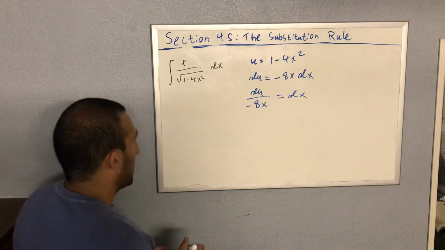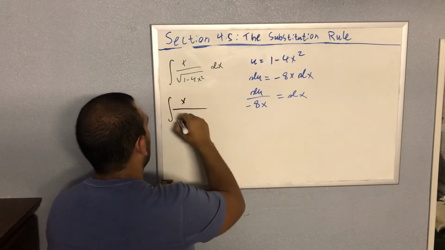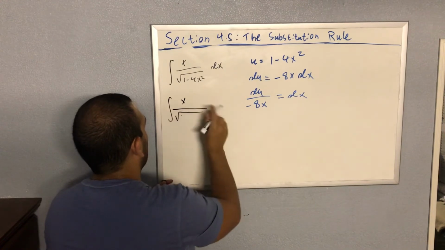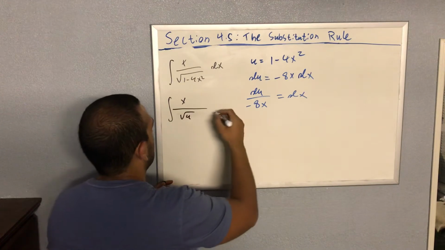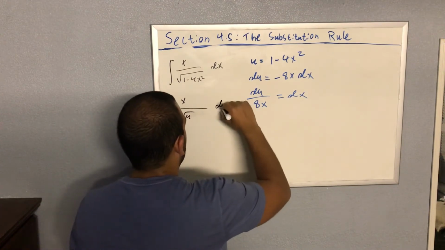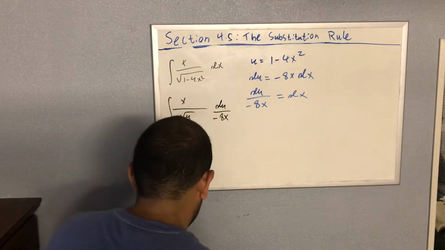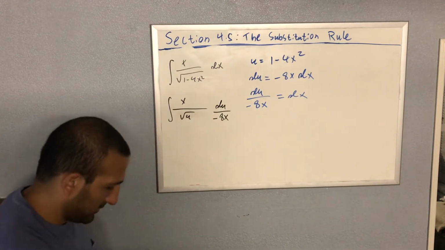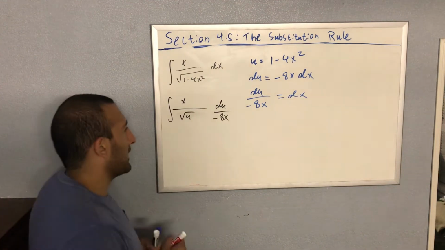So then our integral becomes the square root of x all over the square root of u. Don't need to write too much. And then dx is du over negative 8x. Okay? And then just as we needed, you can see that this x here is going to cancel out with that x.